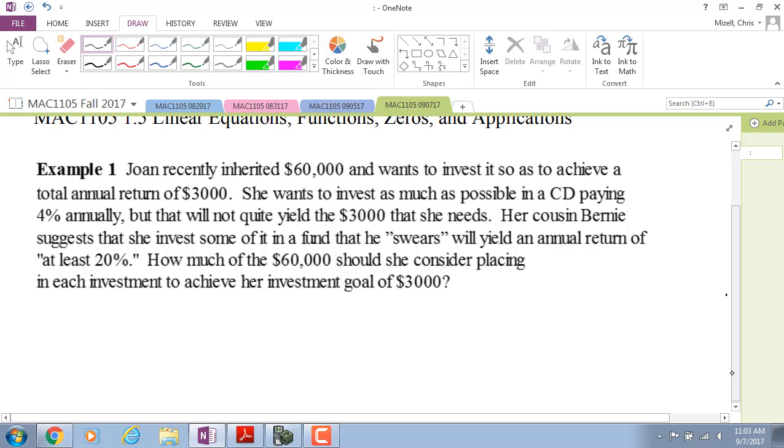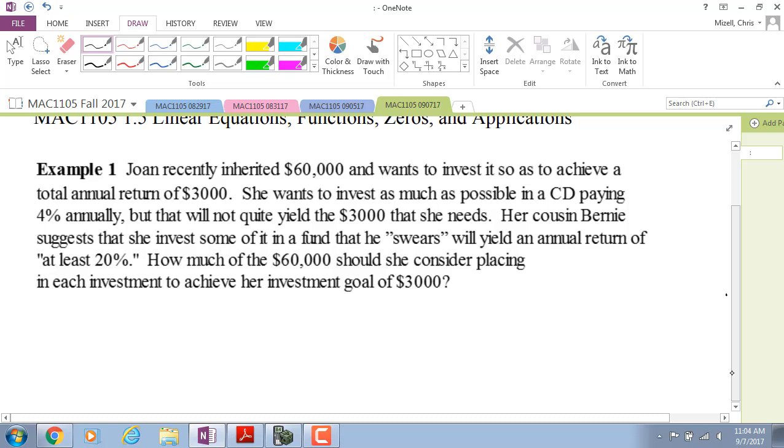She'd certainly be content with 20% of whatever she might invest in that, but she's a little bit concerned that there might be more risk involved than she's willing to tolerate. She's going to invest a portion of it in that fund that Bernie has suggested to her, but she wants to invest as much as possible in the CD, keep it safe. So the question is, how much of the $60,000 should she consider placing in the CD?